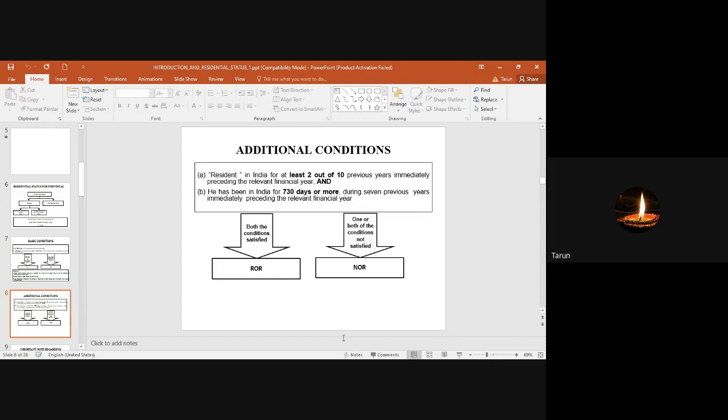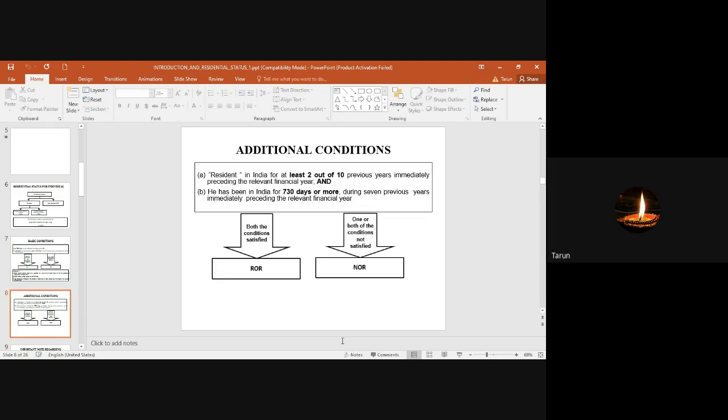The two preceding relevant previous years would be 2021 to 22, or 2022 to 2023. It would be the relevant previous years.